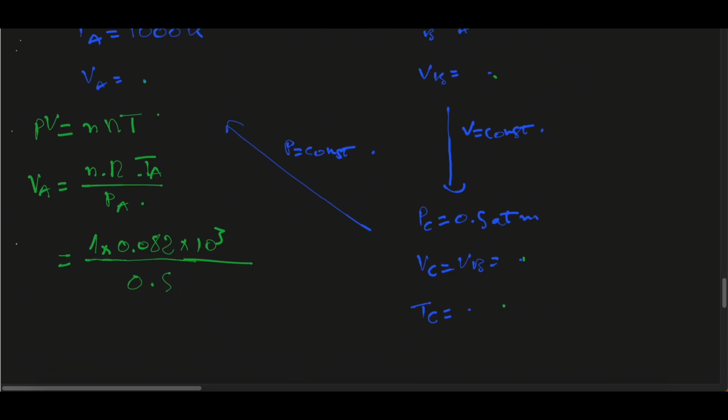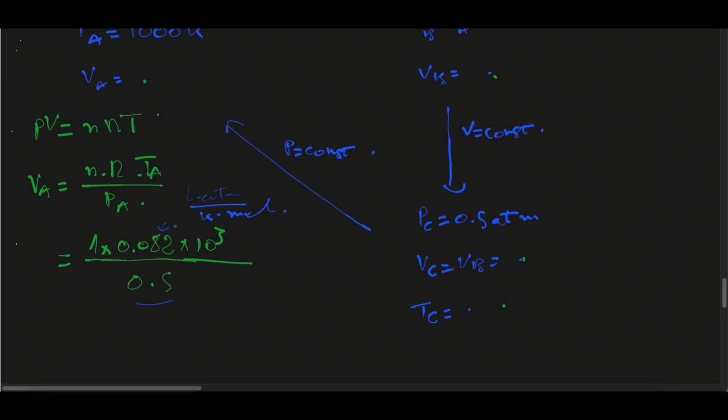Here we have used R, the gas constant, which is 0.082, because we have the pressure in atm. So we must use this constant because it is in liter atmosphere over Kelvin mole.